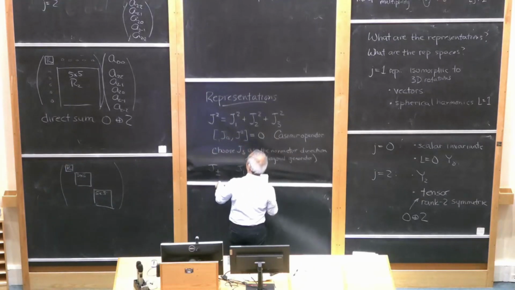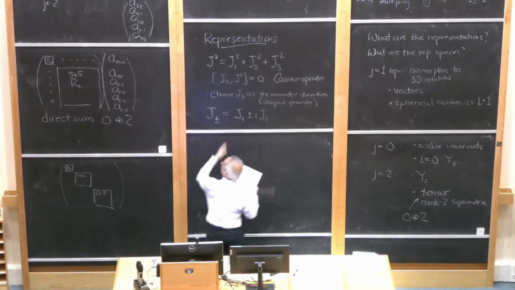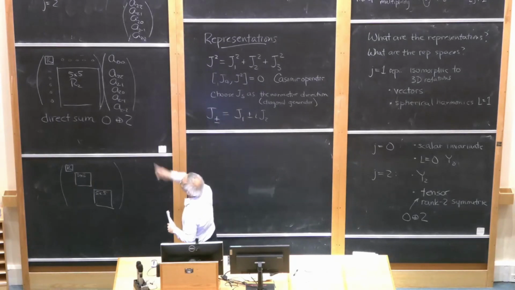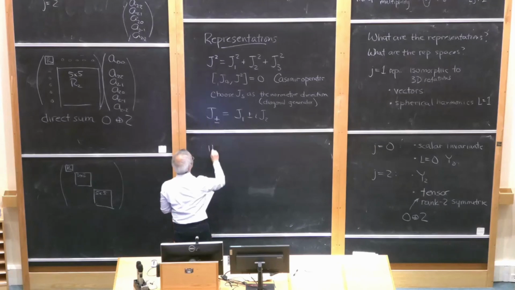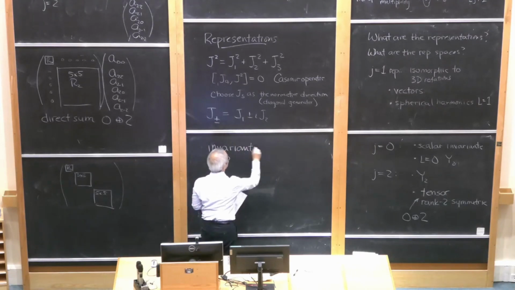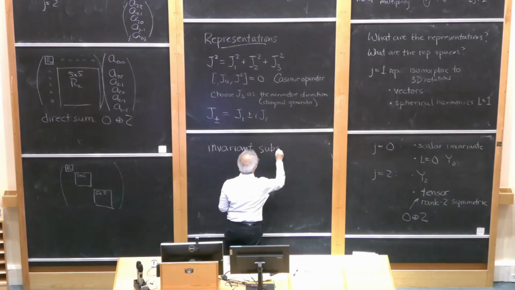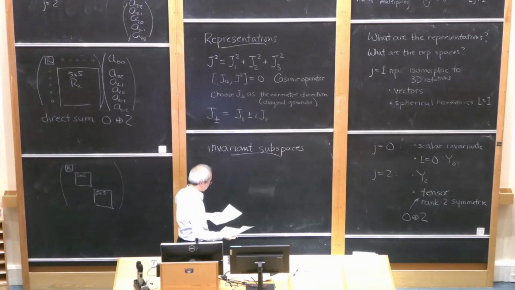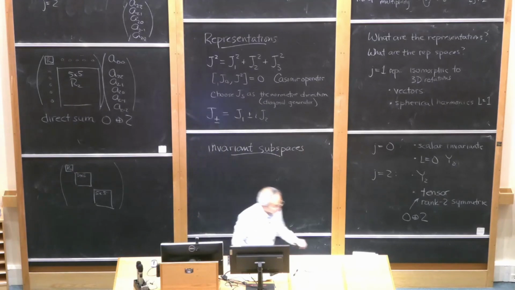Now the reason why this construction is important is because if you look at this construction, you will find that you'll have something called invariant subspaces. And the definition of an invariant subspace is somewhere around here.